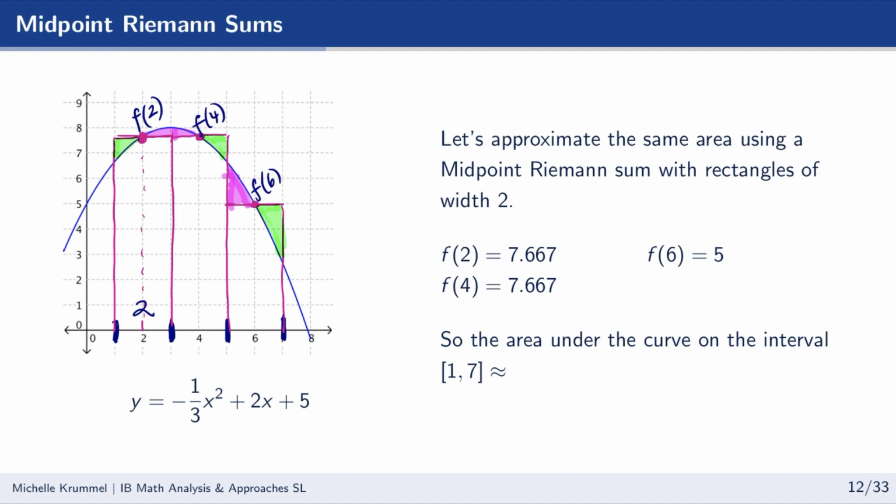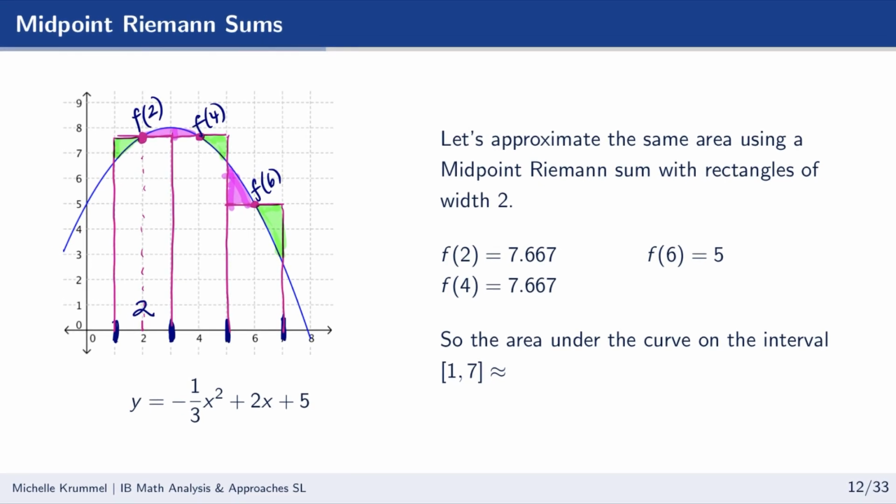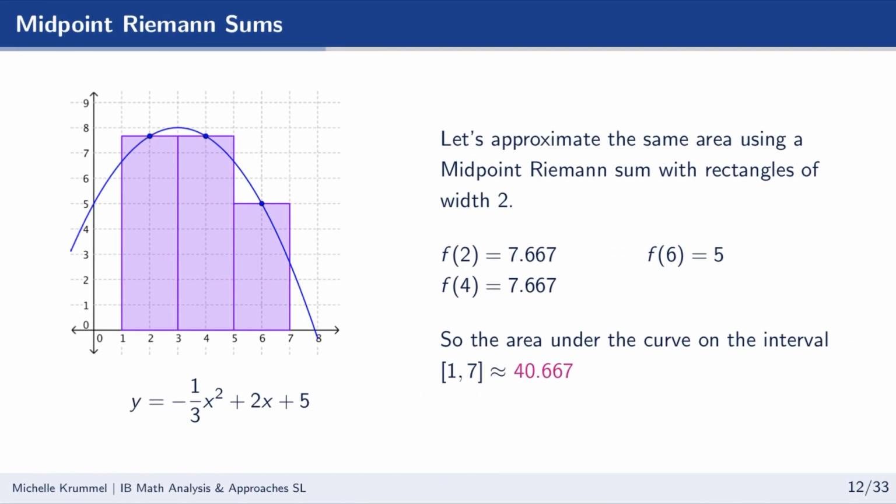So our area this time is going to be 2 times f of 2 plus 2 times f of 4 plus 2 times f of 6, which gives us an estimate of 40.667.